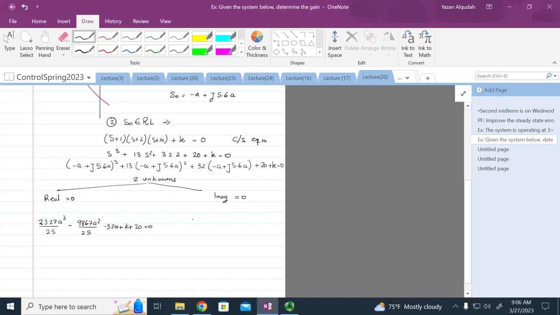And we're going to have another equation that is coming from the imaginary part, 19852a cubed over 125 plus 728a squared divided by 5 minus 89.68 divided by 5 equal to a 0.